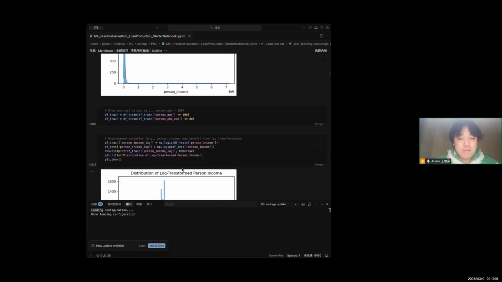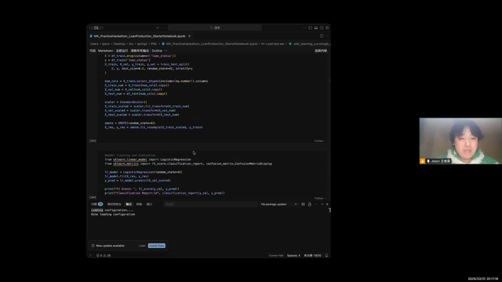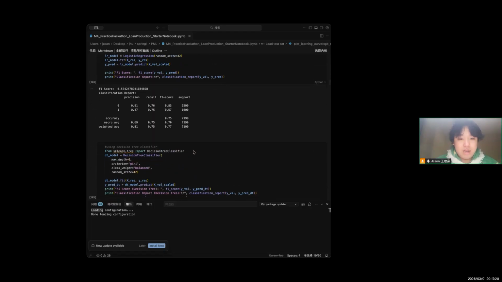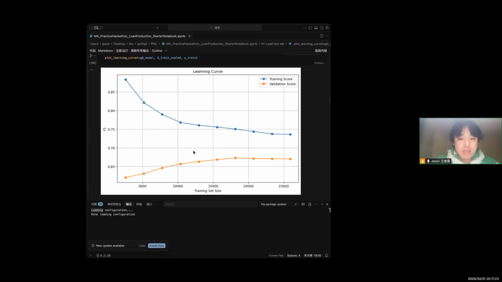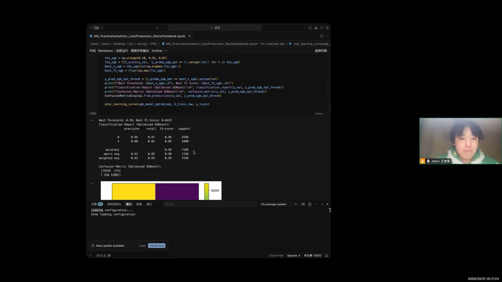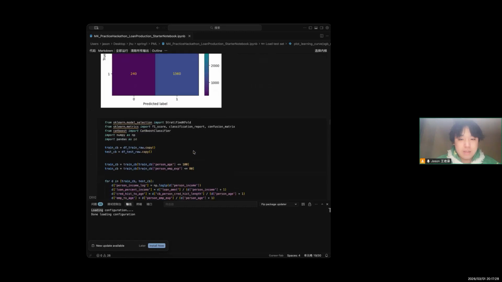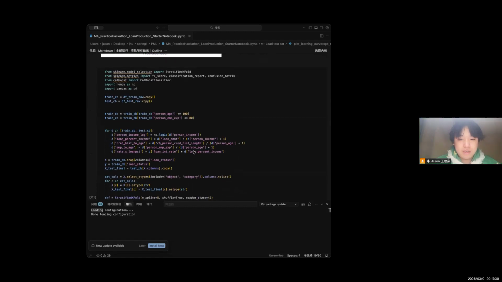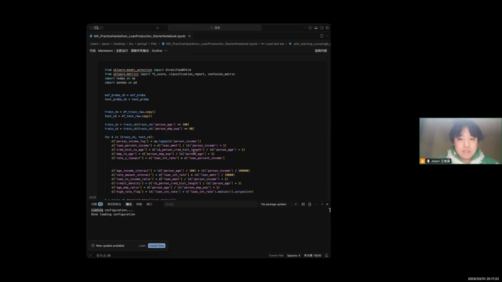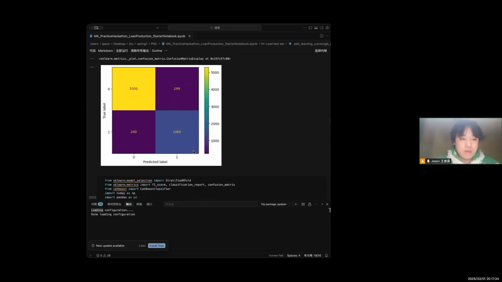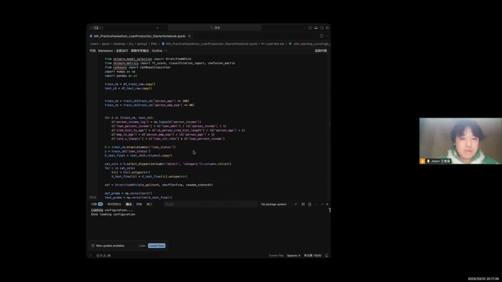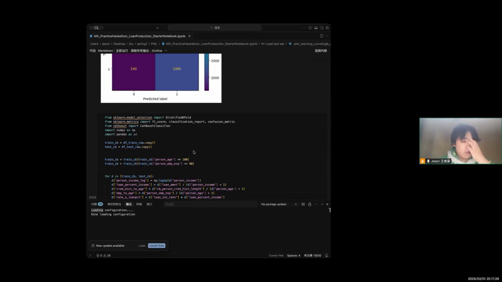For modeling, I used LightGBM, a gradient boosting decision tree algorithm.